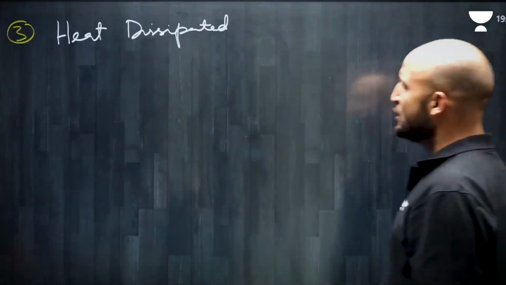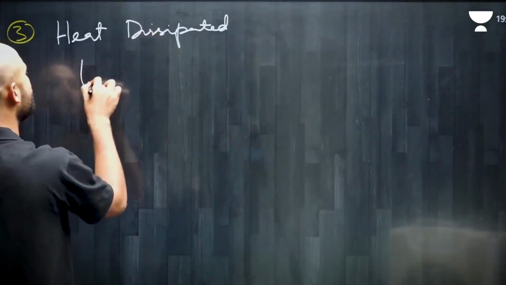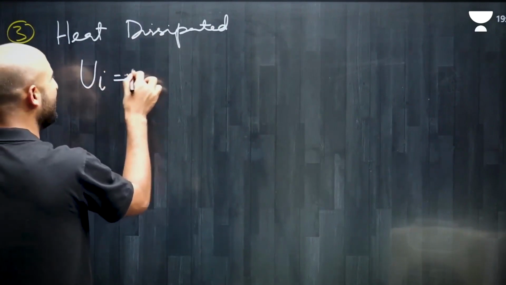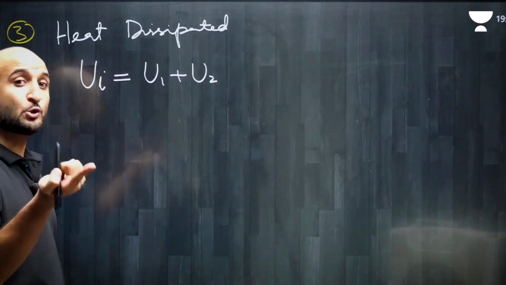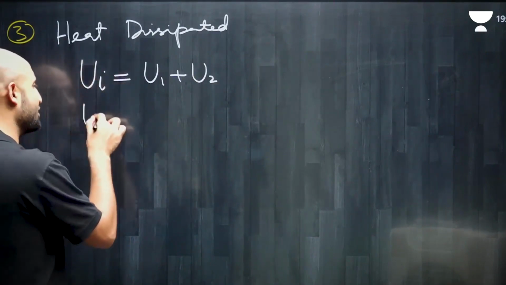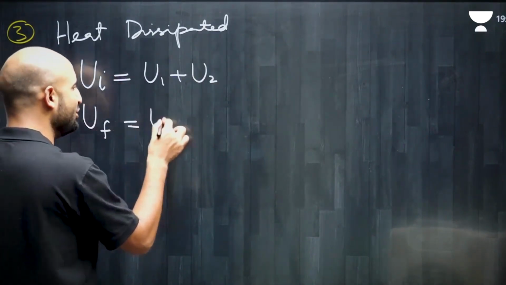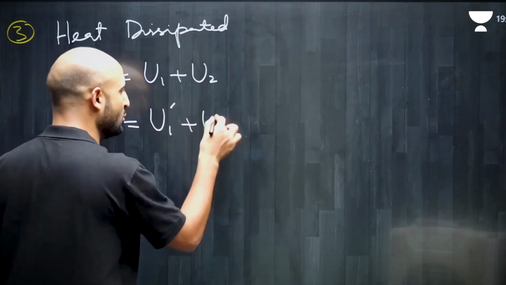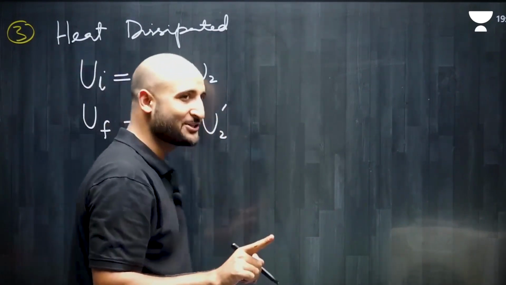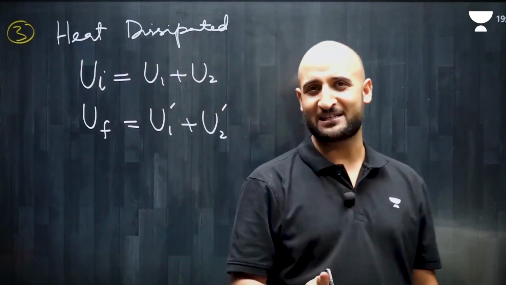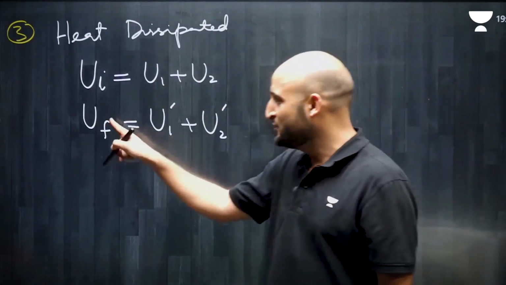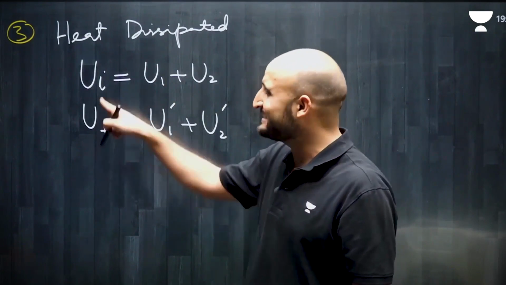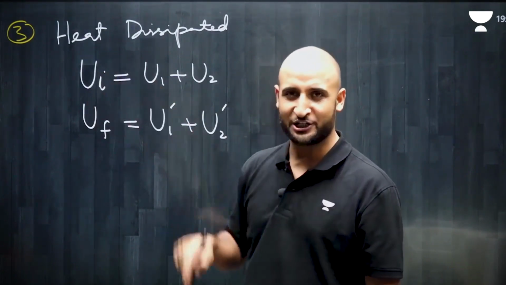So the total initial energy stored will be U1 plus U2. The total final energy stored, U final, will be equal to U1 prime plus U2 prime. But the fact of the matter is that if you actually check it in the numerical, U final will always be a little less than U initial.